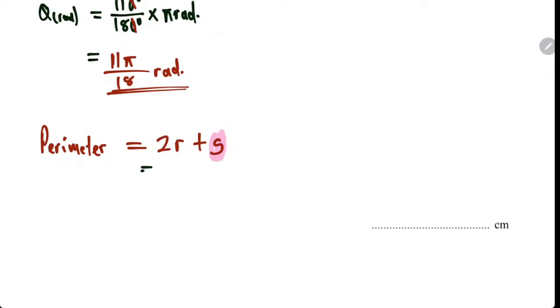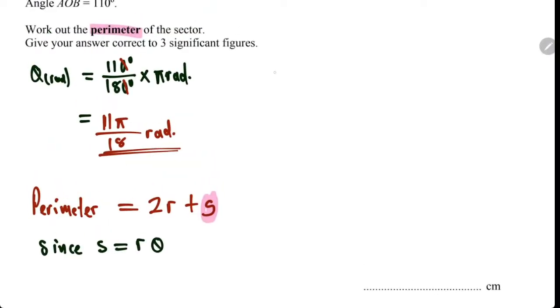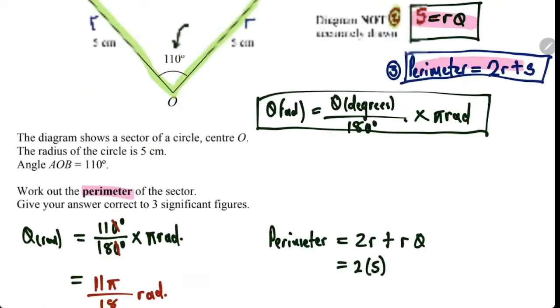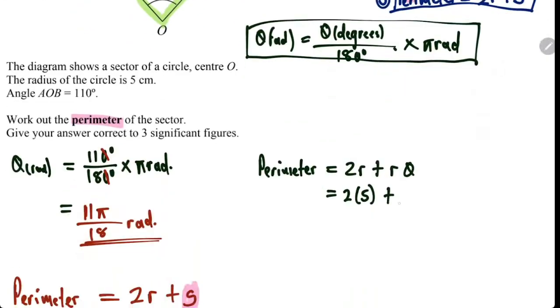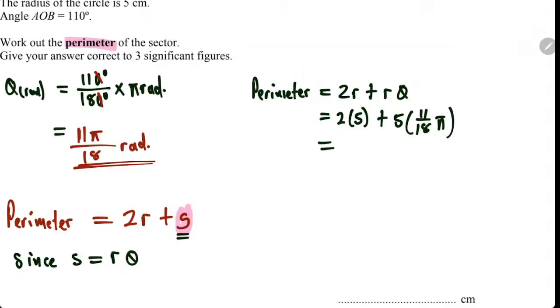Since S is equal to r theta, you can write perimeter will be equal to 2r plus, instead of S, r theta. 2 times r is 2 times 5, because your r is 5, plus r theta is 5 multiplying 11 over 18 pi. And now you can get a final answer for perimeter.